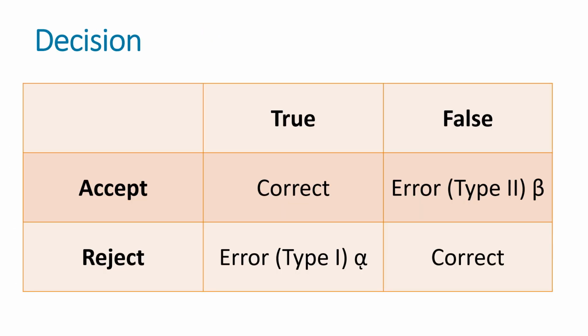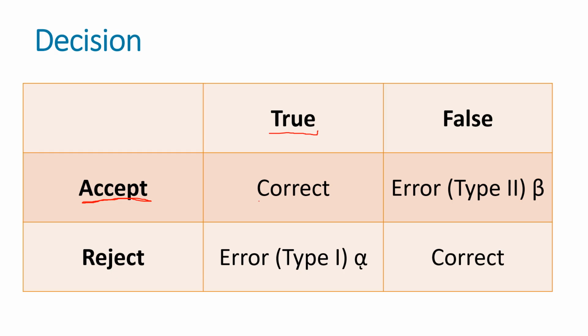Now I'm giving a very important lecture to you. For example, a judge wants to take a decision about a case. The judge can take four different kinds of decisions. For example, true: the person is innocent, and accept means the judge is accepting, yes, this is innocent.